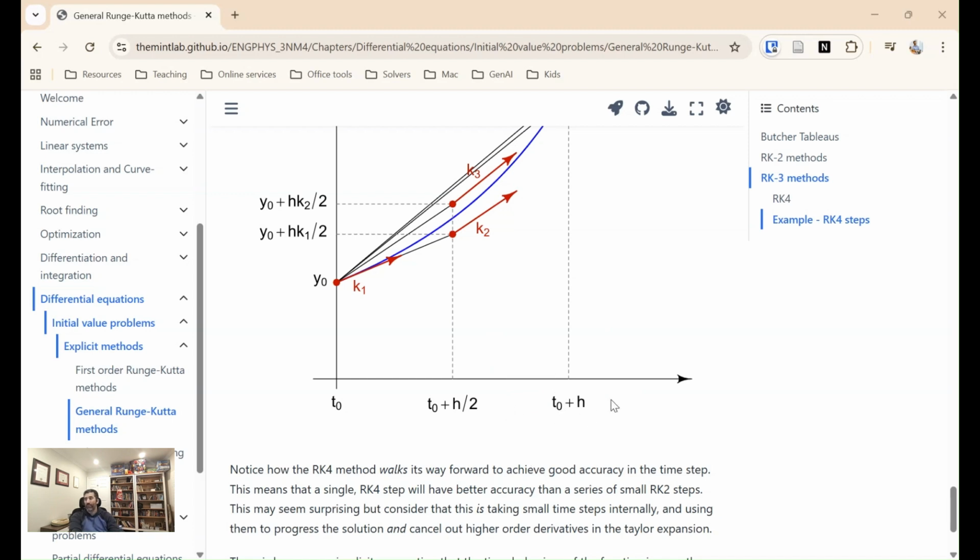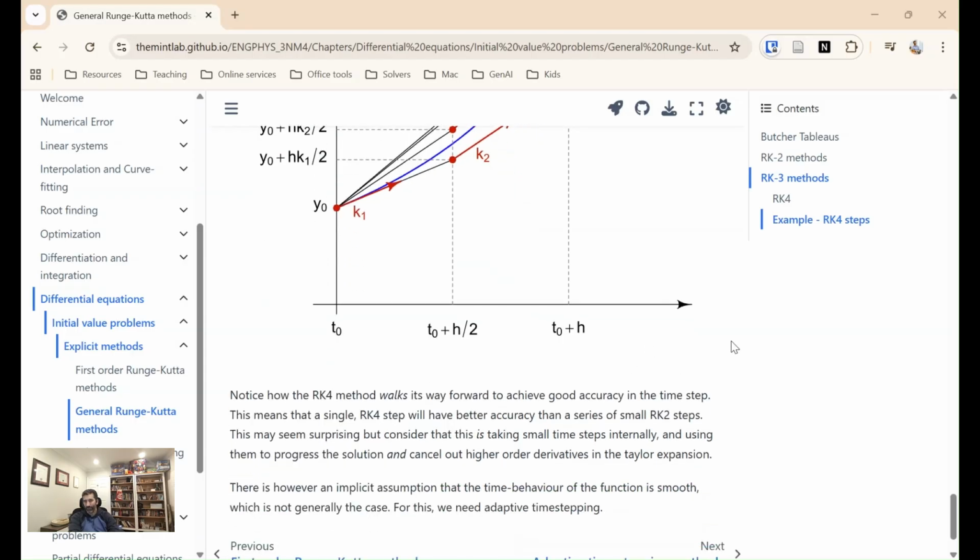It's quantifiably better to take a full step than a series of small steps, and that should be a bit disturbing to some of you, until you realize that that's exactly what RK4 is doing. It's taking those small steps and combining them in an intelligent enough way that it's achieving that whole step, while canceling out your uncertainties, your higher order corrections.